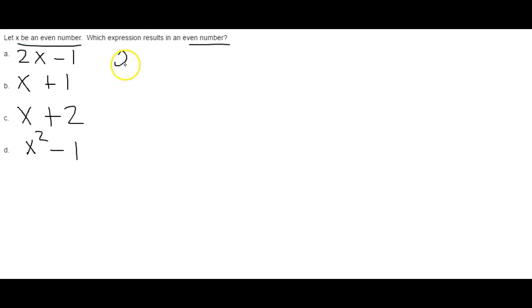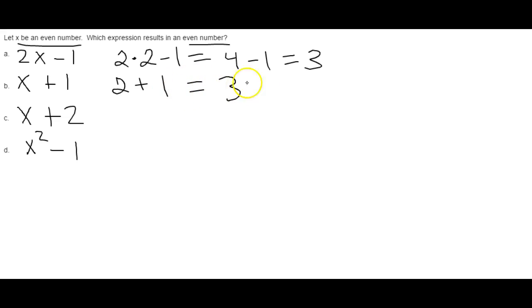So for A, we have 2 times 2 minus 1. 2 times 2 is 4, minus 1 is 3. That came out odd. X is 2 again. 2 plus 1 is 3. Also odd. Replace x with 2, we have 2 plus 2, which is 4. This is even, so this is a possible answer.